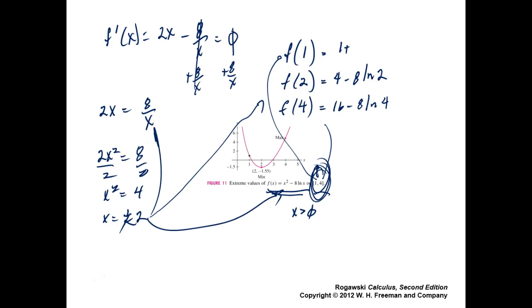Someone must have gotten 2. This is disconcerting. Oh, there it is right there. It was stuck on something. All right, there's your test.